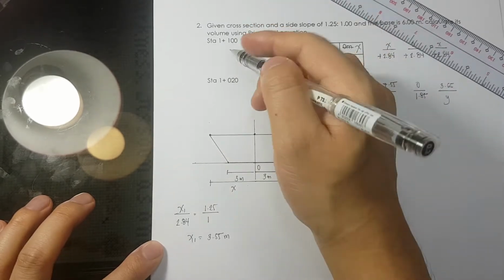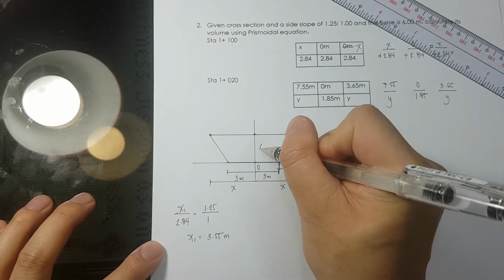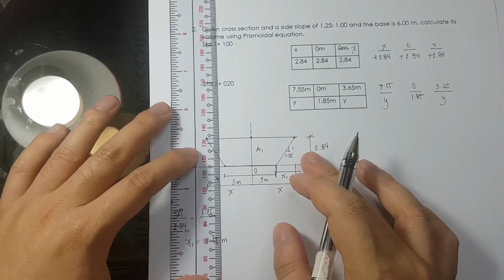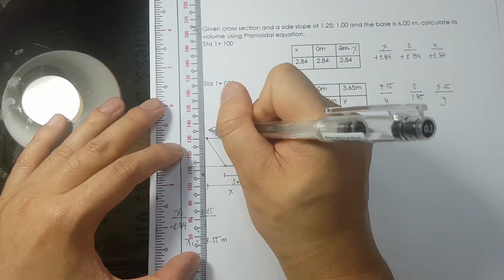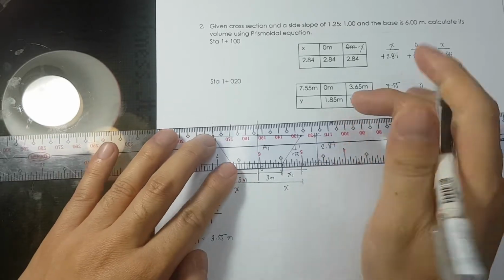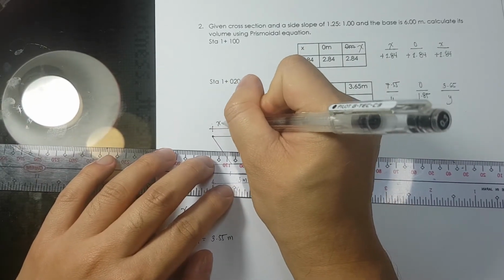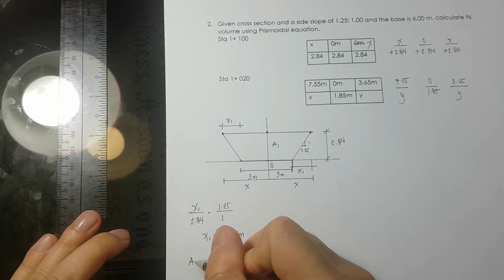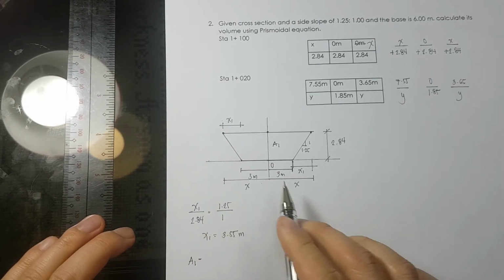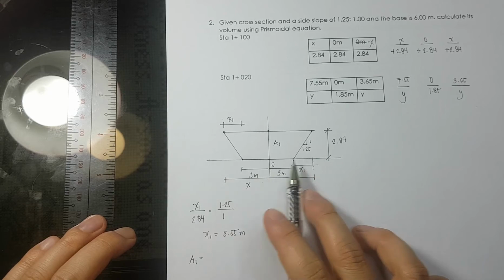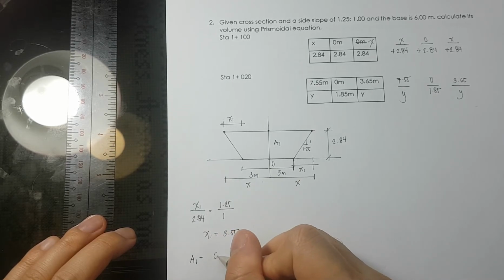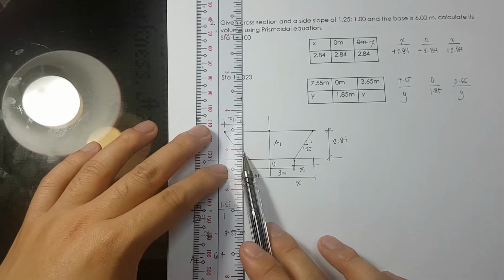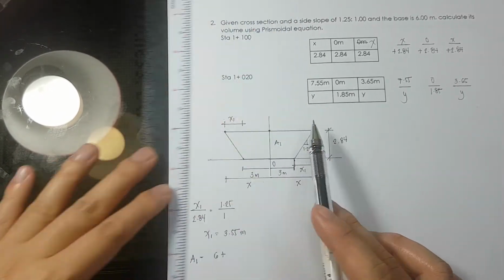We can now solve the area. Take note, this is at station 1. So we assume that this is our area 1. Okay? So, again, this is also equivalent to x1. Kasi pareha sila ng elevation. Okay? So, solving for the area 1 is equivalent to 6 plus, if we are to project that, 6 din ito plus 2 of x1. Tama?